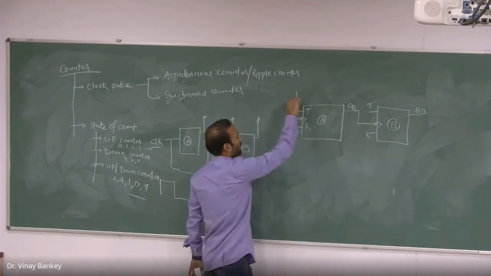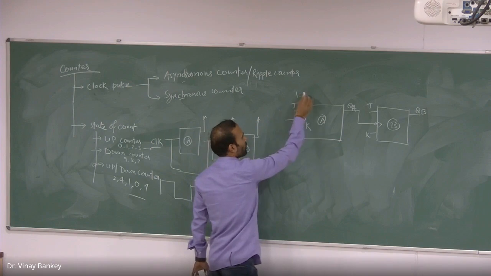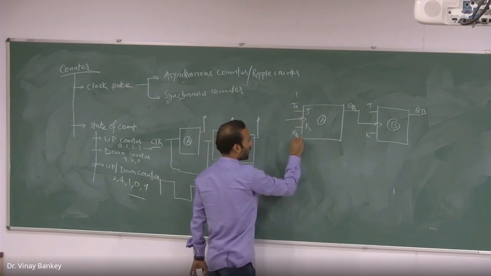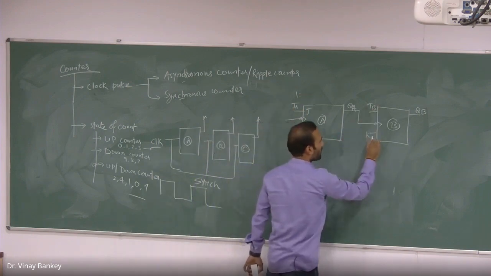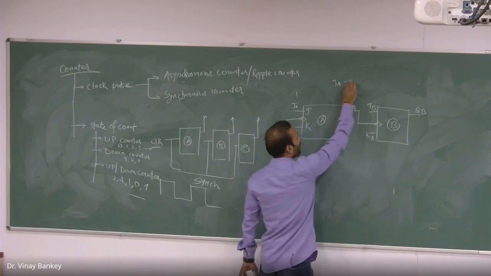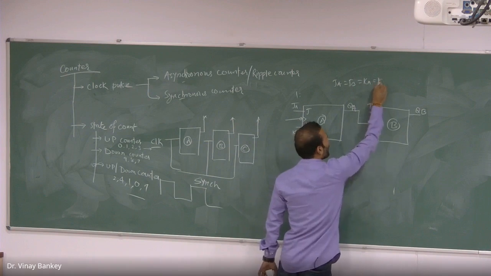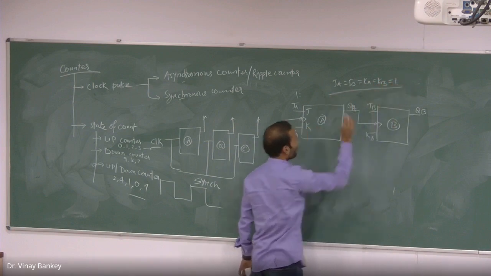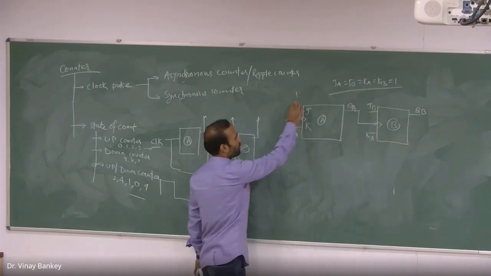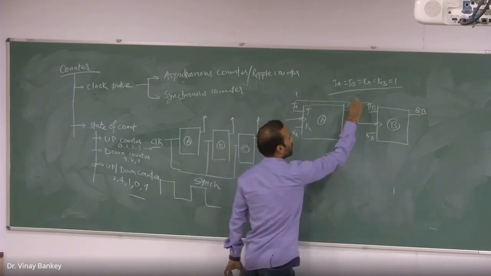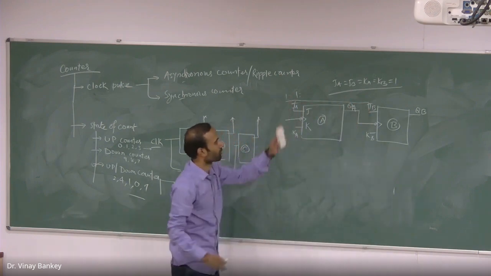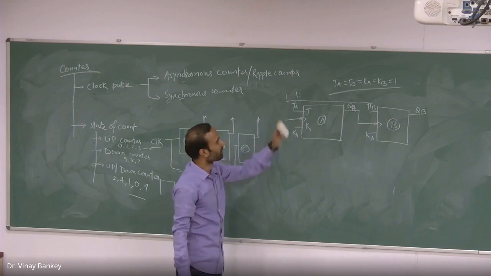And now I will connect J equal to 1 and K equal to 1 for both JA, KA, JB, and KB. All are 1. So you can make such type of arrangement and you can give 1 or whatever you want to choose. But this is the way I have written.